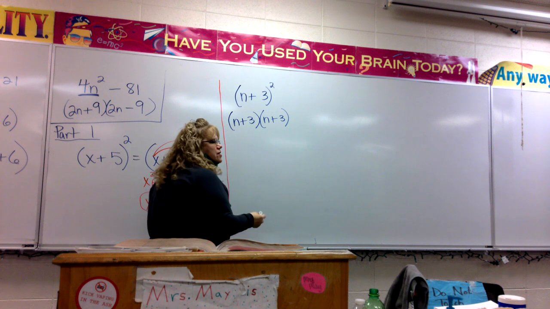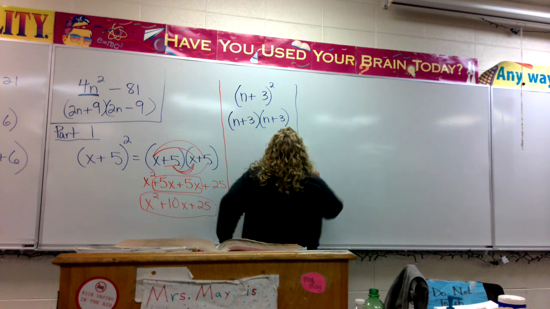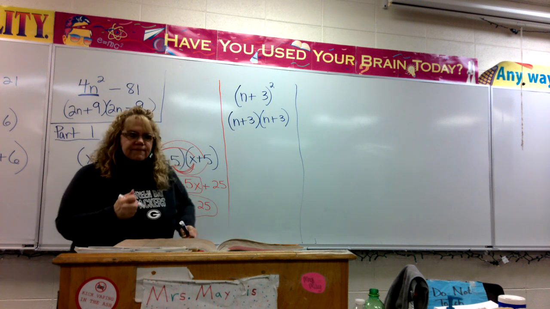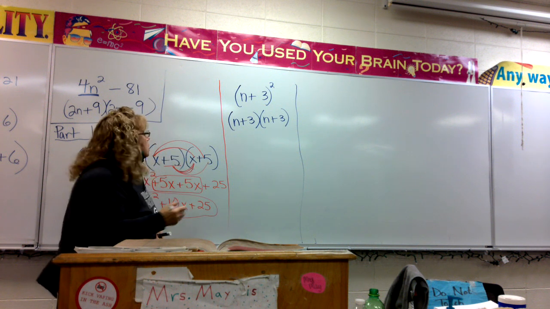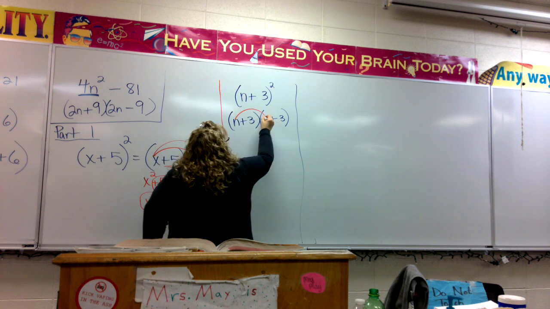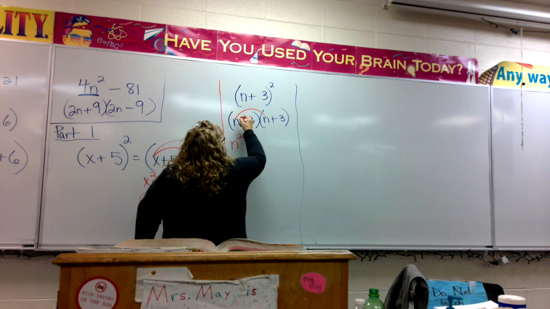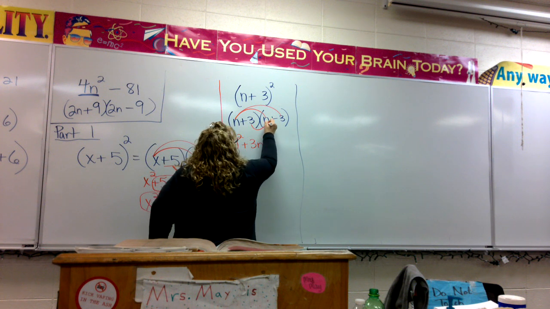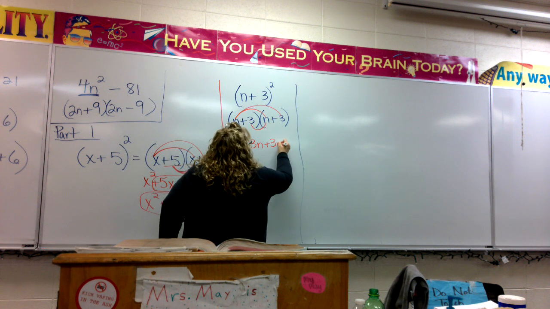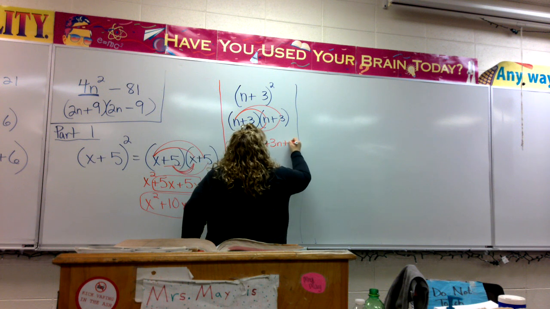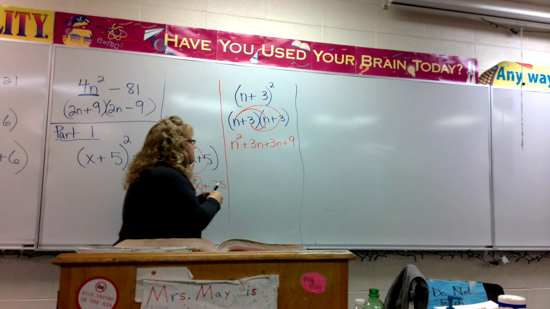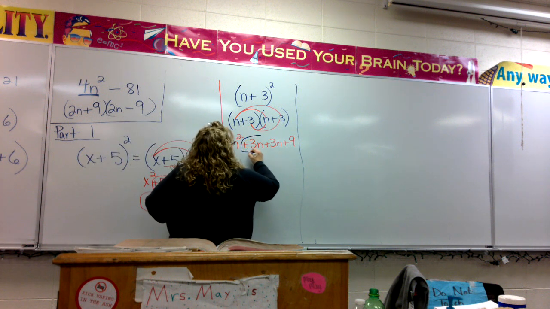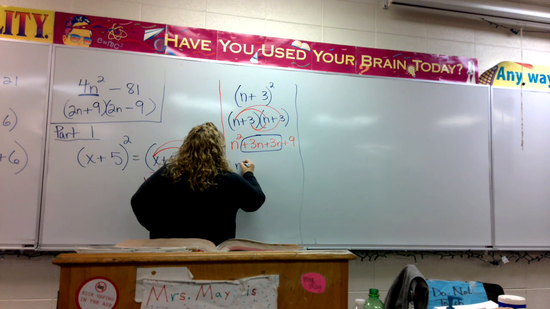And we've been practicing this. That should probably be easy for you by now, right? So what do you get? n squared plus 3n. Move over. Another 3n. And then if you combine like terms and simplify it, what do you get?